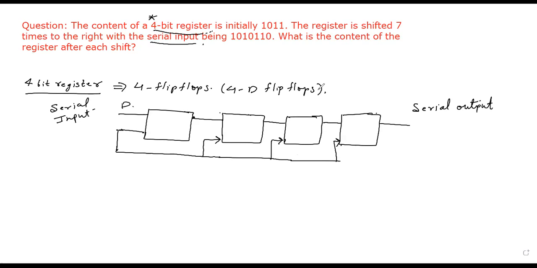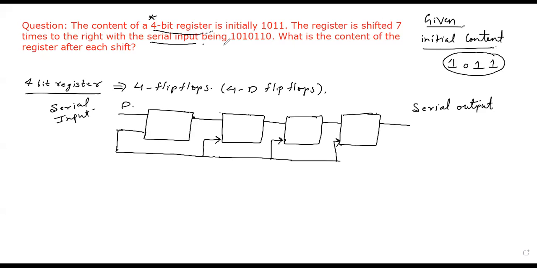Now what is the given value? Initially the content is 1011. The register is shifted 7 times to the right with the serial input being 1010110.